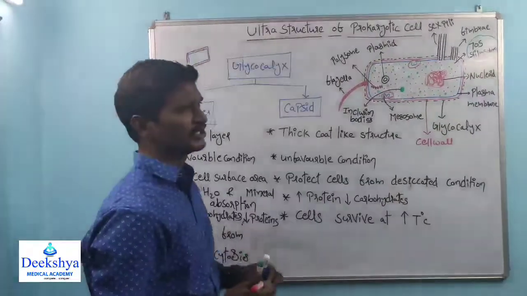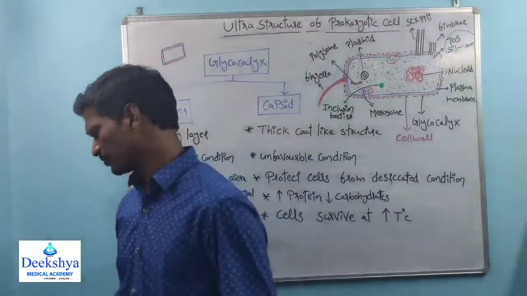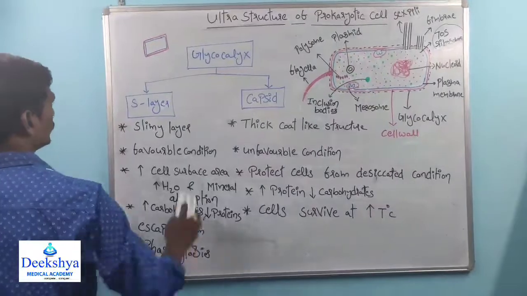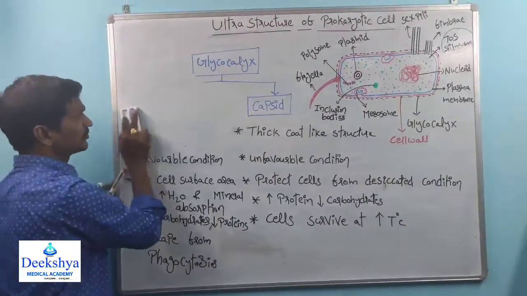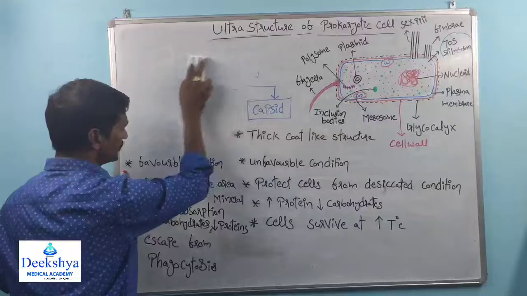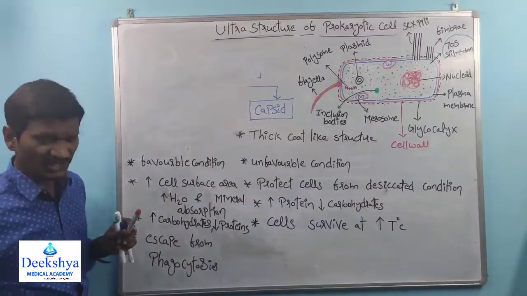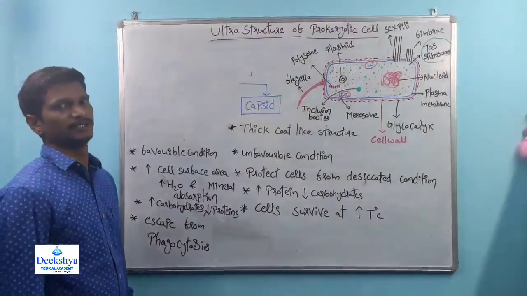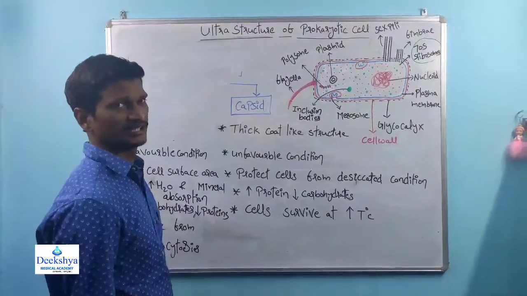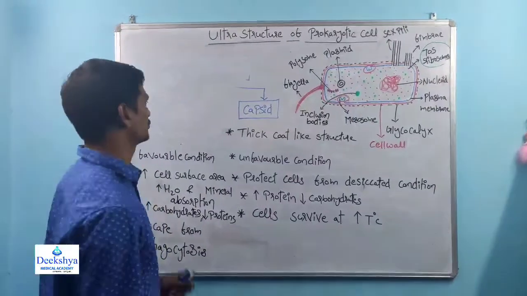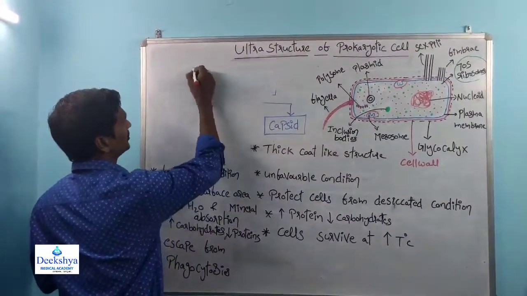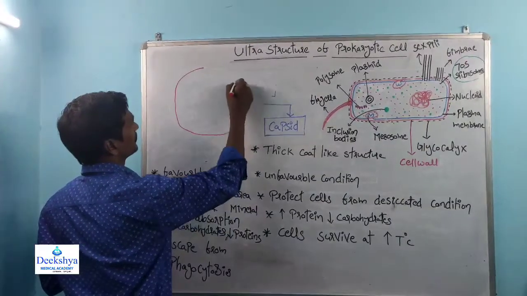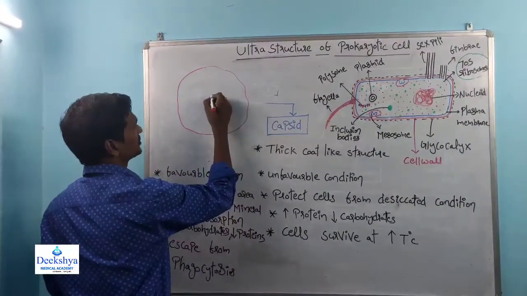Then most of the students have a doubt here: what is phagocytosis? In the last class we discussed WBC. White blood cells are involved in the phagocytosis process. This is one of the white blood cells.